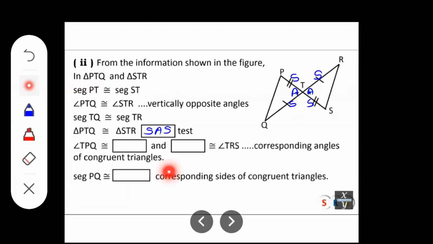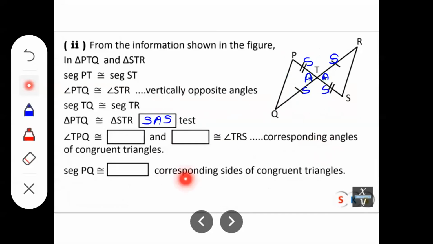Now let's write the corresponding angles and corresponding sides. See the angles. Angle TPQ. Where is angle TPQ? TPQ means this angle P. So, which will be the corresponding angle?